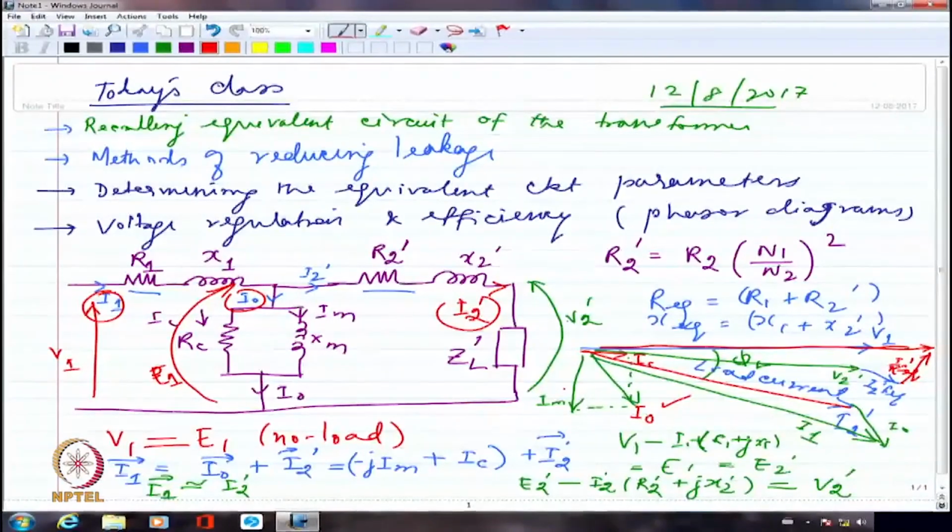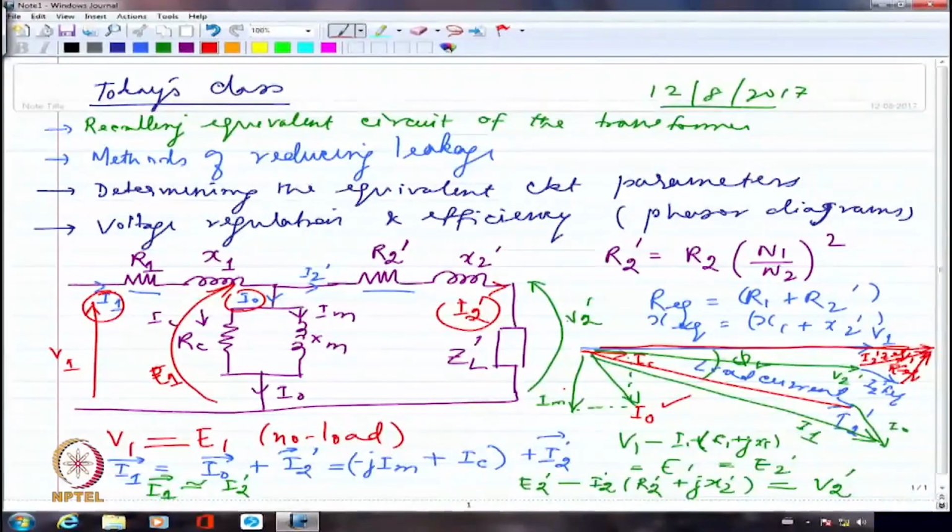So, I have taken I2 dash times X equivalent. When I add these two, actually I can draw a vector here which is I2 dash times Z equivalent, if I may call it that. So, I could have drawn a vector here which will actually show me I2 dash times Z equivalent. If I feel like, I can show it.